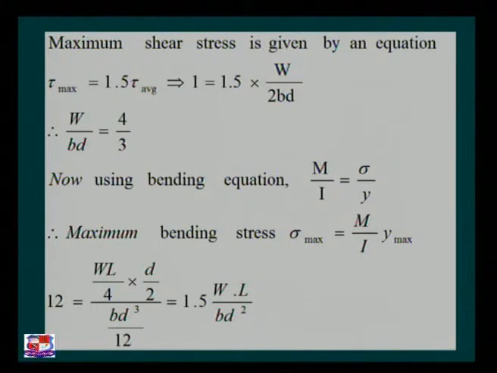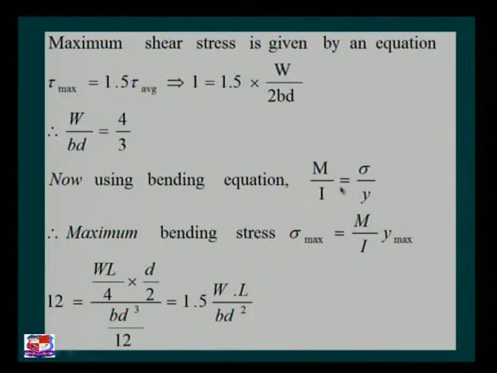Now in the data they have used the word bending stress value limited to 12 megapascal. When they have used the word bending stress, in that case we have to use the basic fundamental equation of bending, that is M over I is equal to F over Y, that is M over I is equal to sigma over Y. M is the bending moment, maximum bending moment acting at a section.